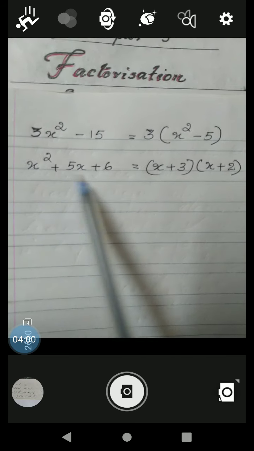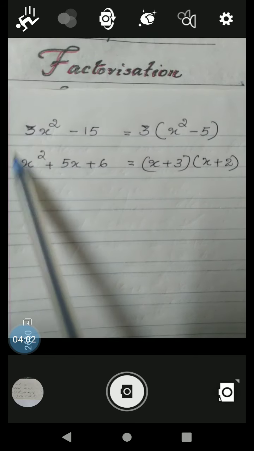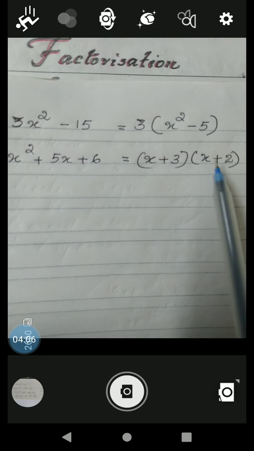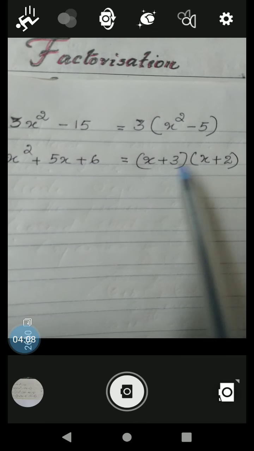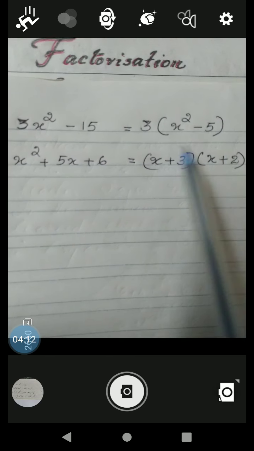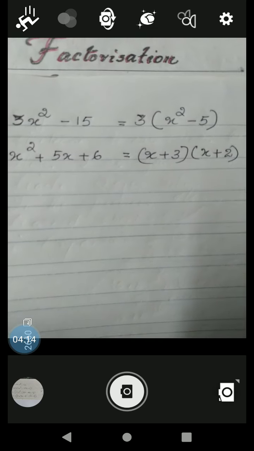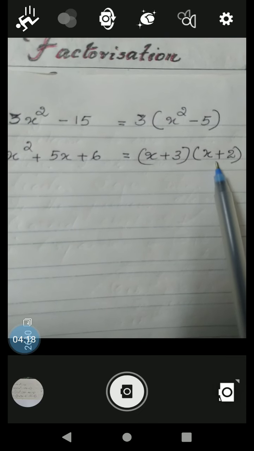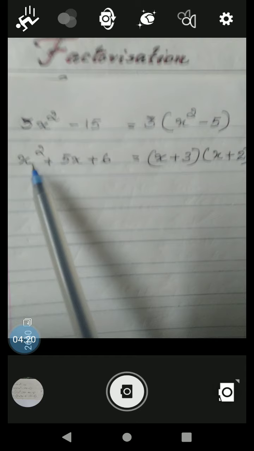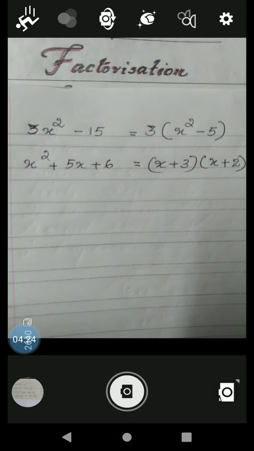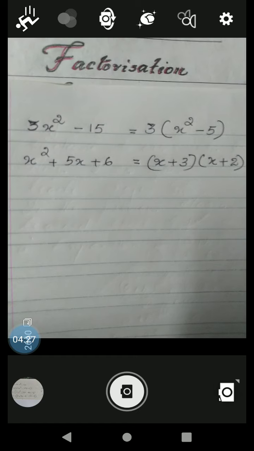So this polynomial can be expressed as the product of two expressions. They are x plus 3 and x plus 2. In this case, we can say that x plus 3 and x plus 2 are the factors of x square plus 5x plus 6. This is what factorization is.